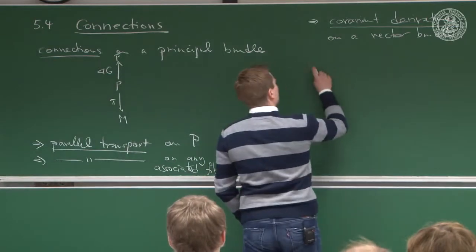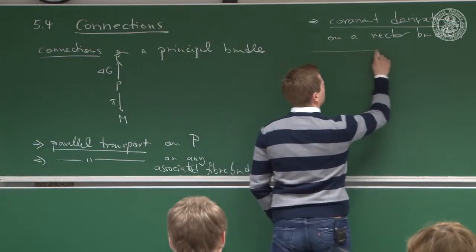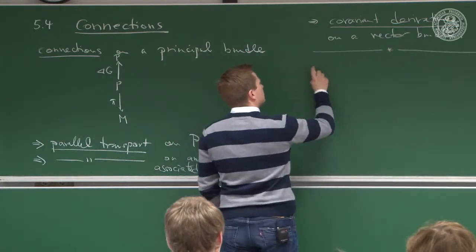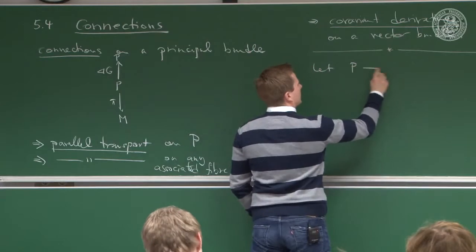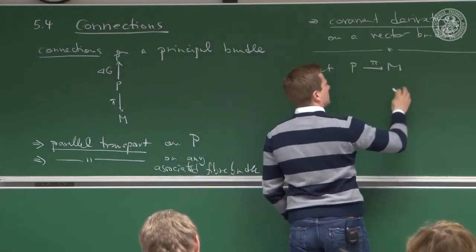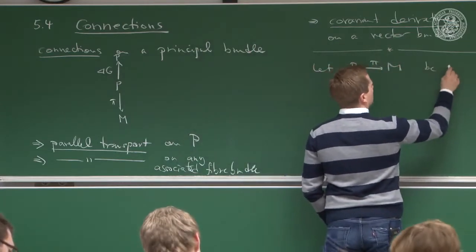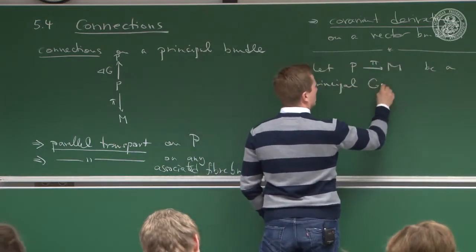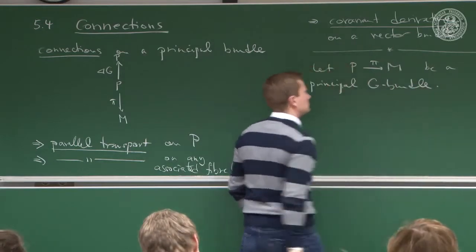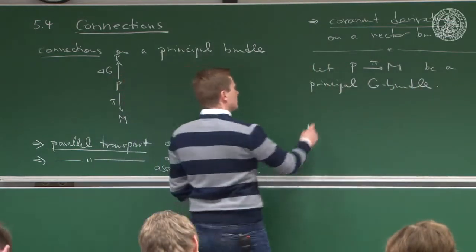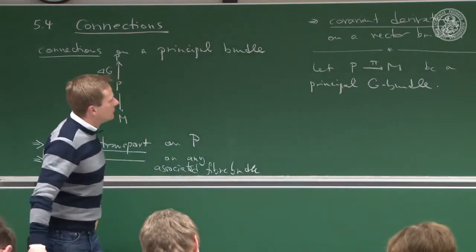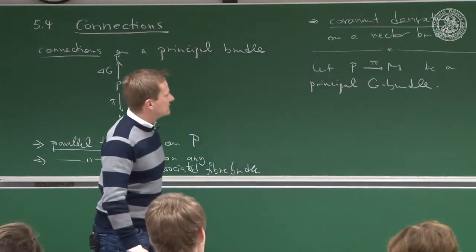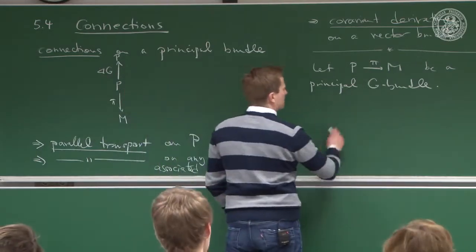So this was just the introduction, and now let's look at a particular principal bundle P. Let this be a principal G bundle. Then this right action we have here induces a vector field on this principal bundle.